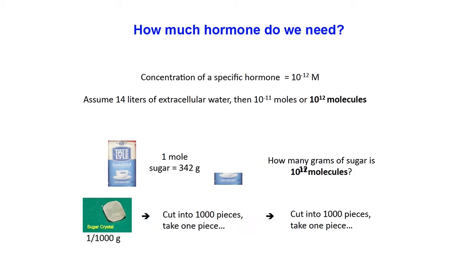As it turns out, the molarity of hormones is usually very low to generate a systemic effect. So 10 to the minus 12 molar concentrations, or moles per liter. That's really low.